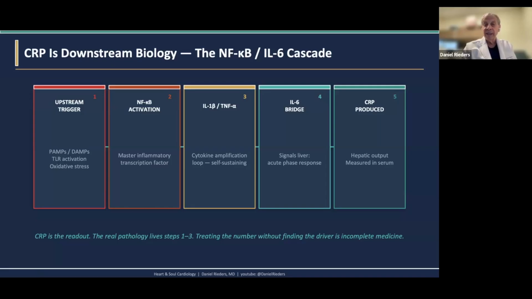So CRP, as we're talking about, is downstream biology. To make CRP, over on the right, the liver has to produce it. And what tells the liver to produce it? Something called IL-6, interleukin 6. And what tells interleukin 6 to go up? Well, specifically two biomarkers that you can measure in the blood.